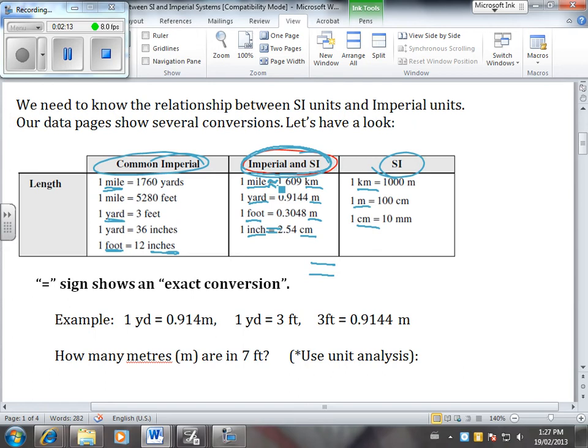So this equal sign is exact. And then if you have a wiggly sign, it is approximate. Okay, so you'll notice that for these three, we have exact values. But for the first one, it's an approximate value.